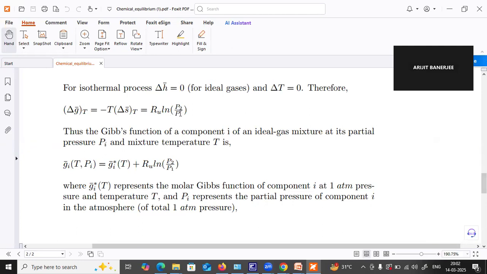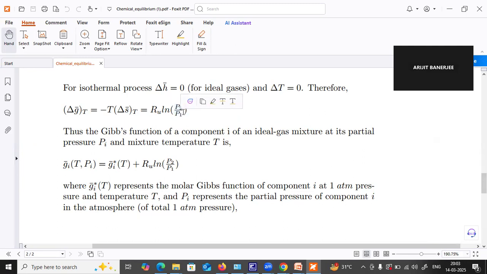Known pressure means what? That is important to understand. Say out of these two, P2 and P1, one is known pressure where the properties are tabulated, and the other one is unknown.